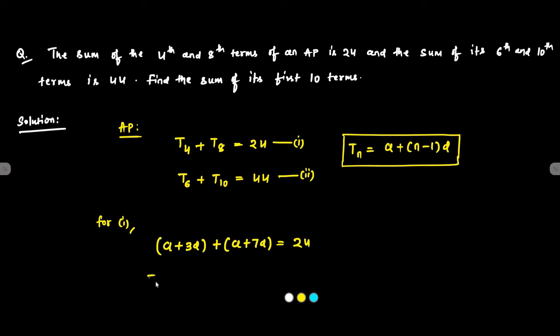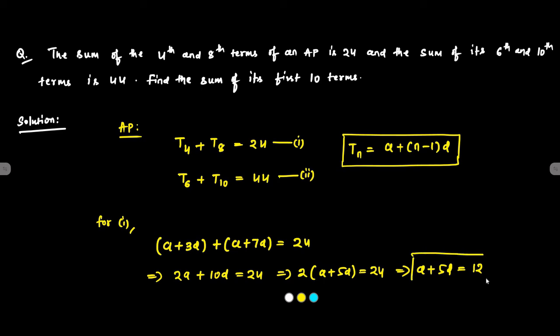So that implies we have 2A plus 10D is equal to 24. Taking 2 common, we have 2 into (A plus 5D) is equal to 24. That implies A plus 5D is equal to 24 by 2, which is equal to 12. This is the first equation, so we'll give it equation 3, proper order. So A plus 5D is equal to 12.